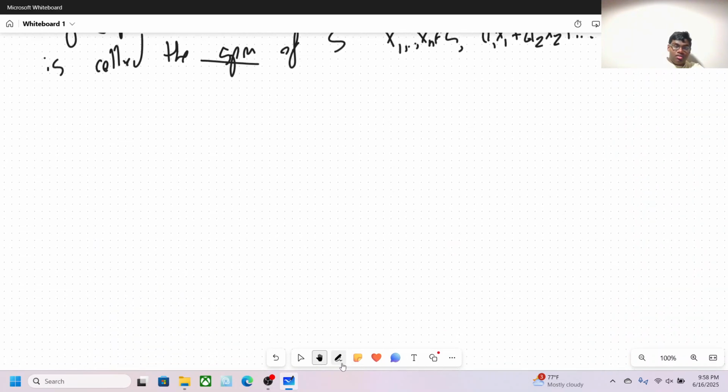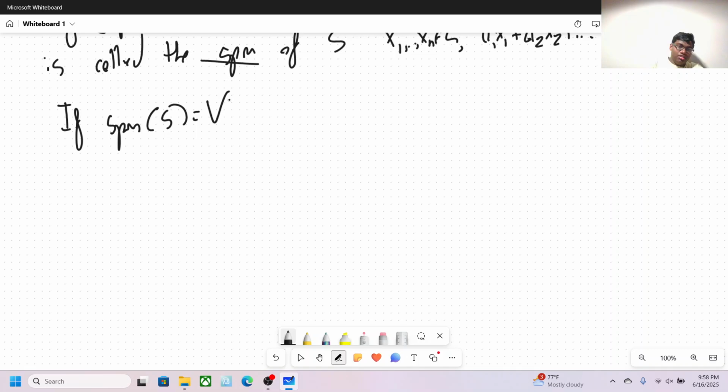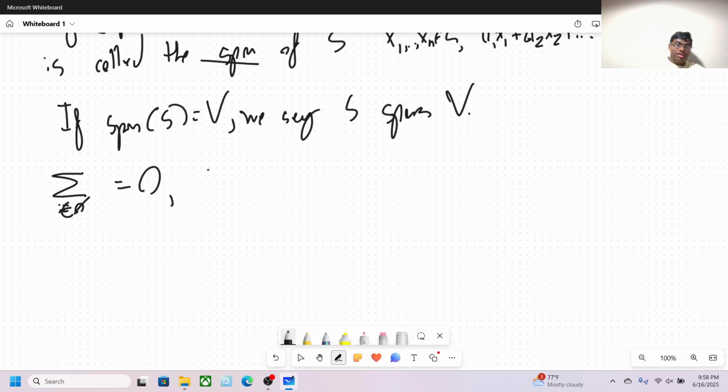And so what happens when the span is the entire space? If span S equals V, we say S spans V. By convention, an empty sum is going to sum to 0, and hence the span of the empty set is going to be the zero vector space.